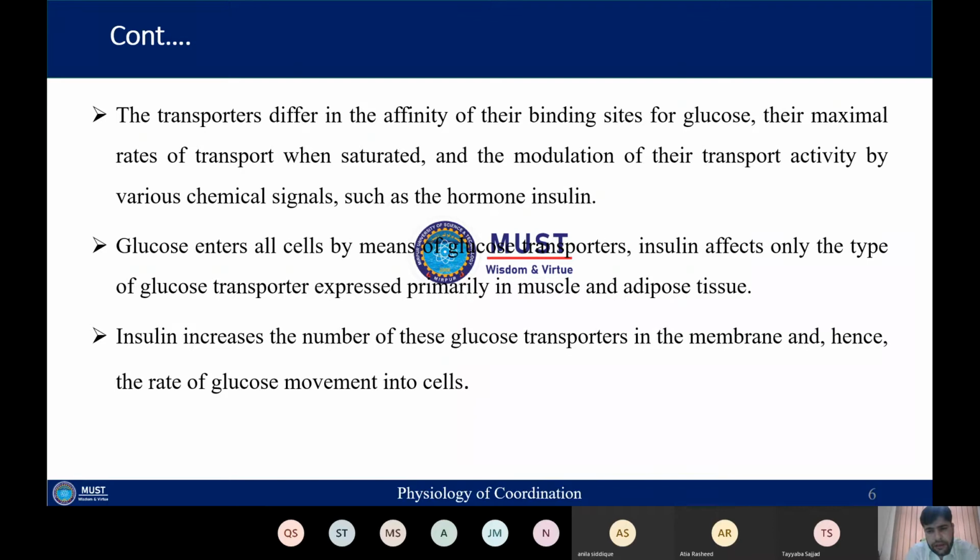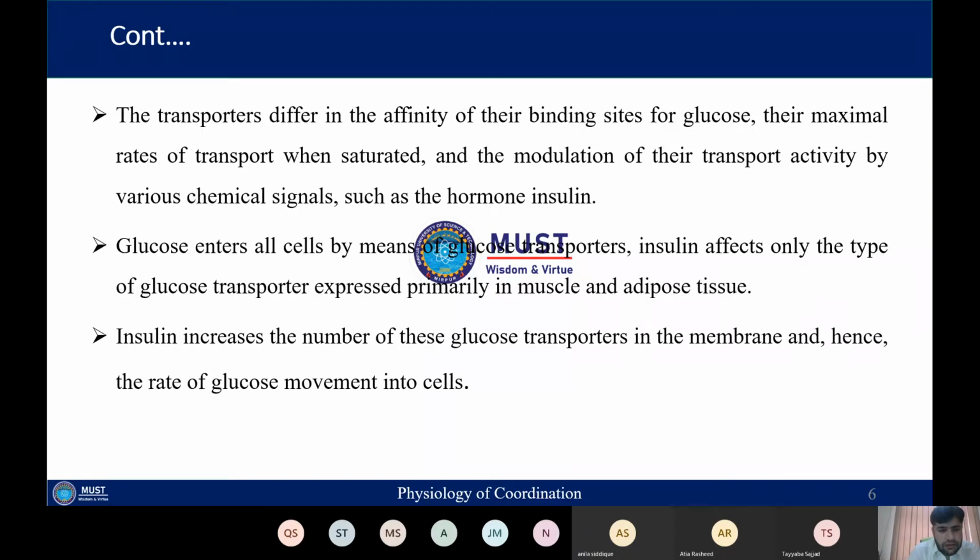As all of you know, free glucose is converted into glycogen, and this glycogen is stored in our muscles as well as in our adipose tissues. So insulin will affect those transporters which are expressed in muscle cells as well as the adipose tissues of the body.